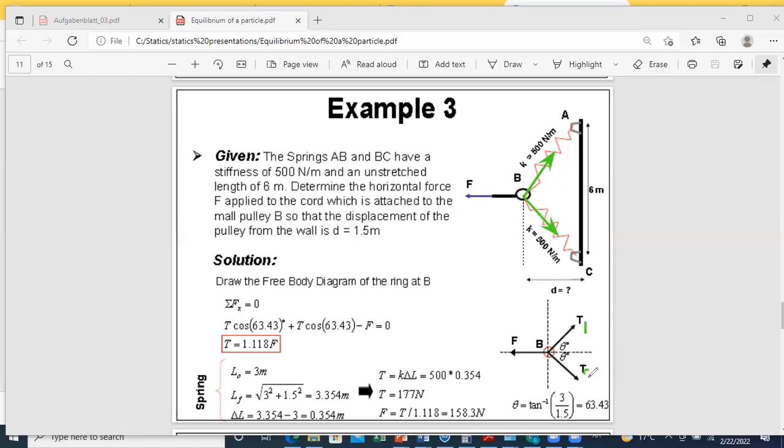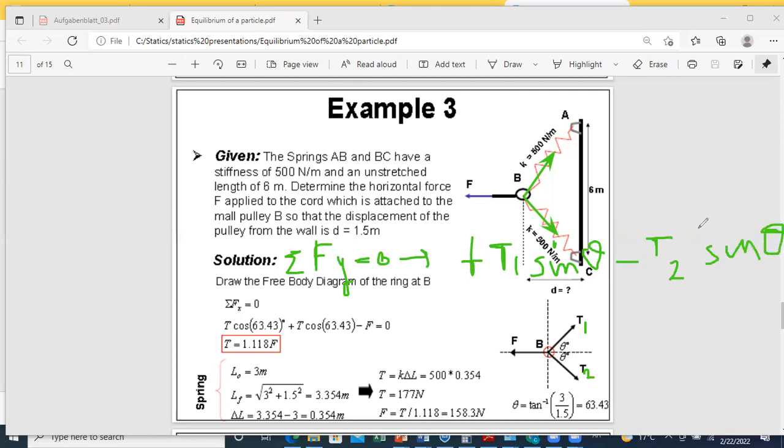So now if you project along Y and you write sum of Y equals 0, you will get plus T1 sine theta minus T2 sine theta equals 0. And since the angle is the same, sine theta will simplify.